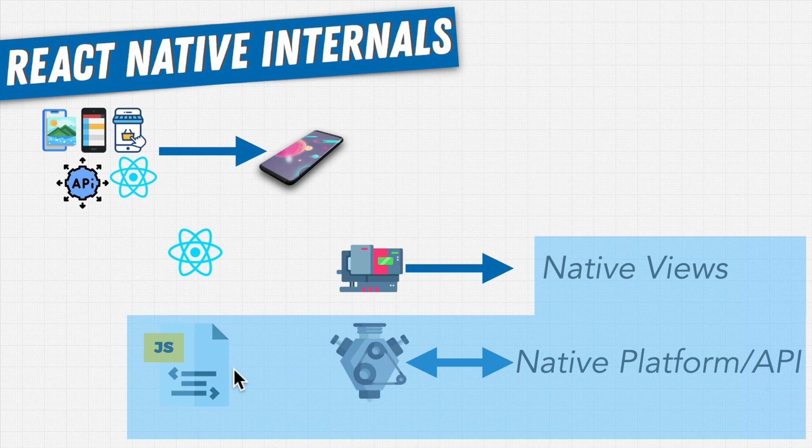And the JavaScript says, well, because Timmy over here pressed this button, display this. So the instructions and communication happen back and forth on the phone between the main thread and the JavaScript thread. So the JavaScript thread runs all our business logic inside with React Native.